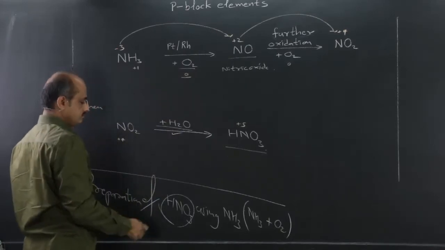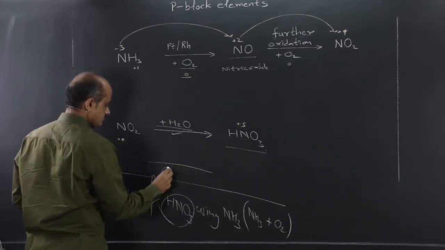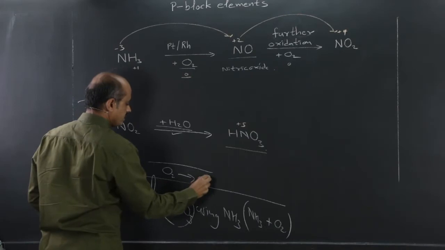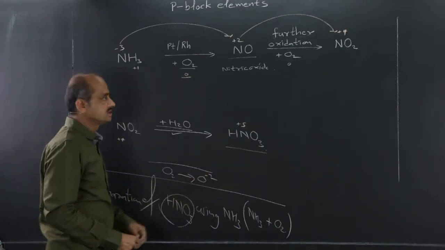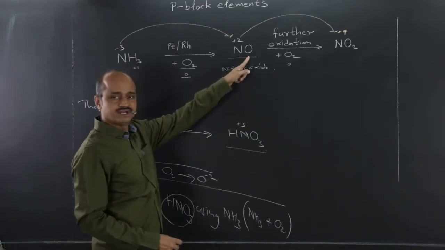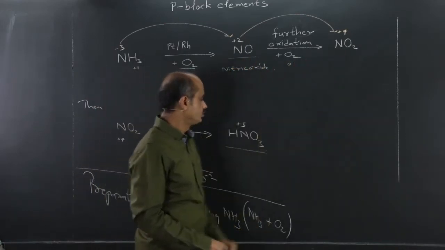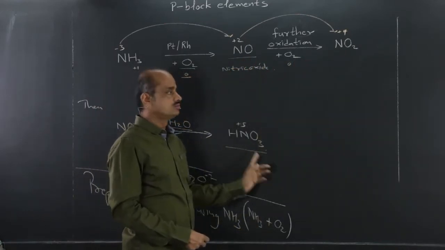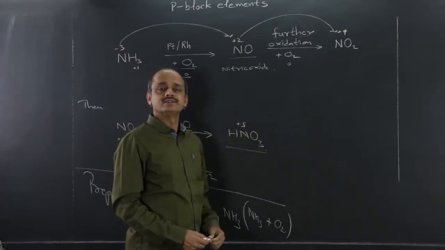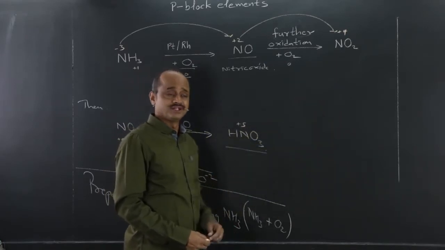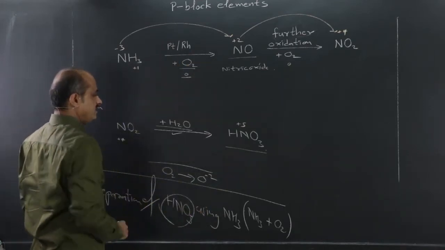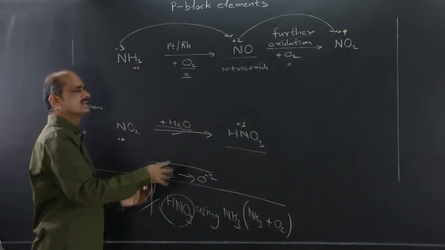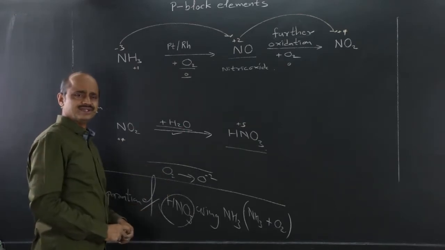So oxygen 0 changes to oxygen -2. That -2 oxygen is part of NO, here it is -2. In NO2 it is -2. In HNO3 it is -2. The remaining balance, H2O, will be -2. So if this much is known, then the three reactions and their balancing become easy.